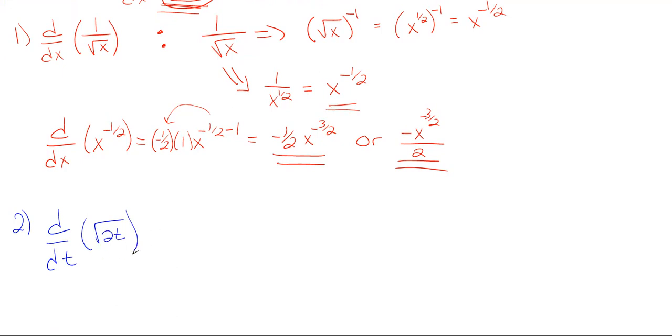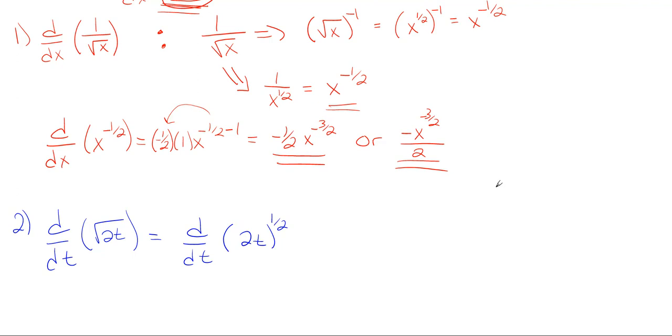So once again, we have to put this in terms of ax to the power of b, which it currently isn't. So we can rearrange: the square root of 2t is essentially 2t to the power of 1/2, because square rooting something is taking it to the power of a half.